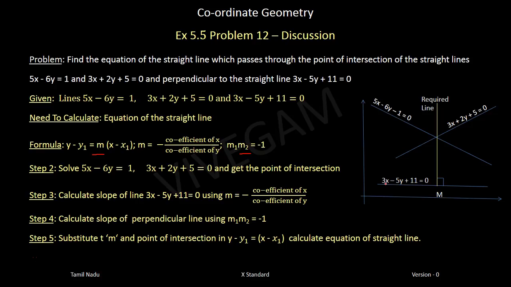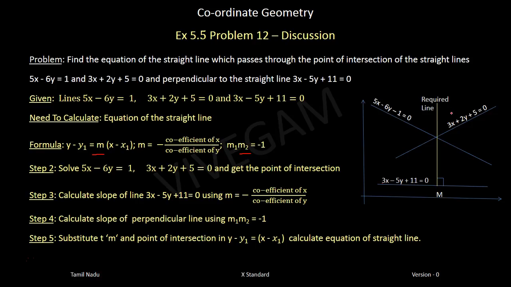Then calculate the slope of the perpendicular line using m1 m2 equal to minus 1. Let's say the slope of this line is m1, and the slope of the perpendicular line, which is the required line, is m2. So m1 into m2 equal to minus 1, and using that formula we can calculate the slope of the perpendicular line.